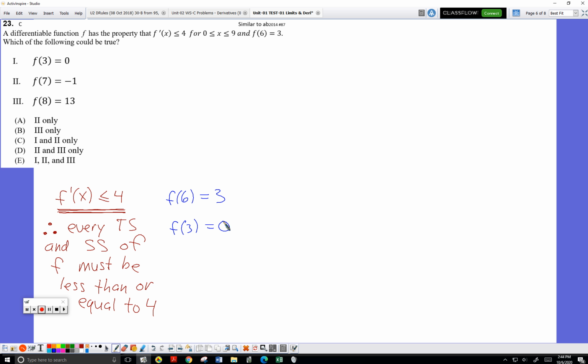Somebody talk, I'll pay you. Please speak. Yes, because f of 3 equals 0 is less than 4, because f prime has to be less than or equal to 4. And if f of 3 is equal to 0, that's less than 4.